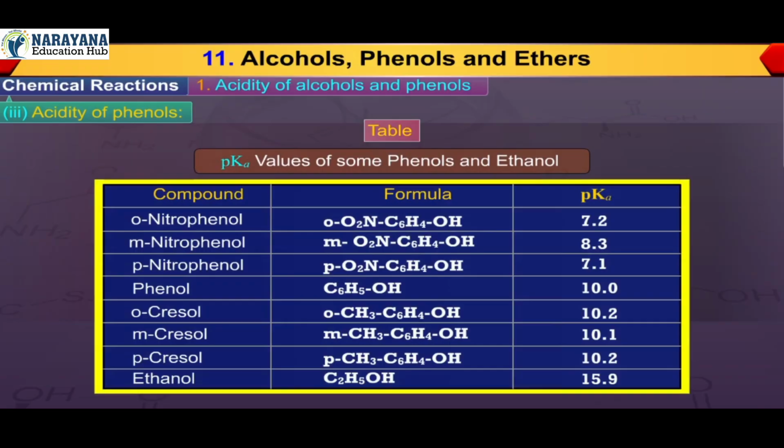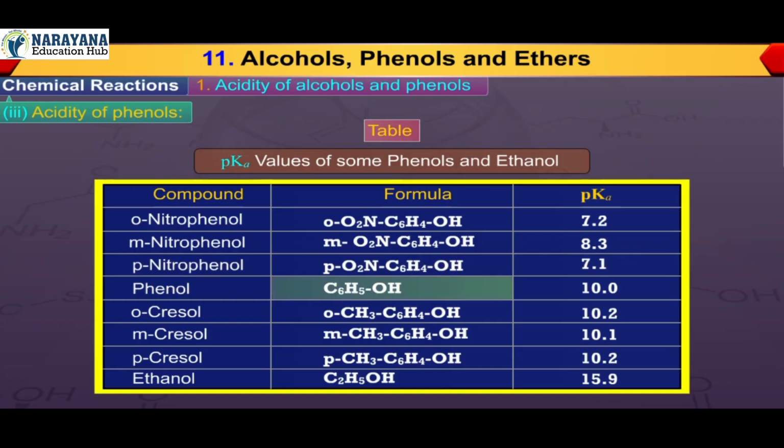Table: pKa values of some phenols and ethanol. Compound, formula, pKa. Ortho-nitrophenol, o-NO2C6H4OH, 7.2. Meta-nitrophenol, m-NO2C6H4OH, 8.3. Para-nitrophenol, p-NO2C6H4OH, 7.1.